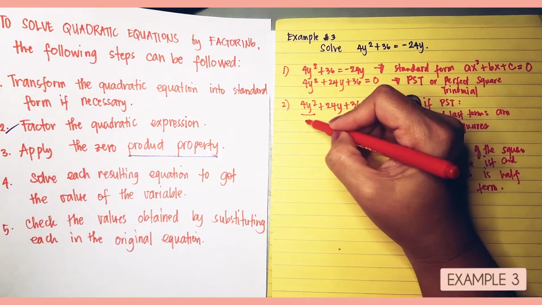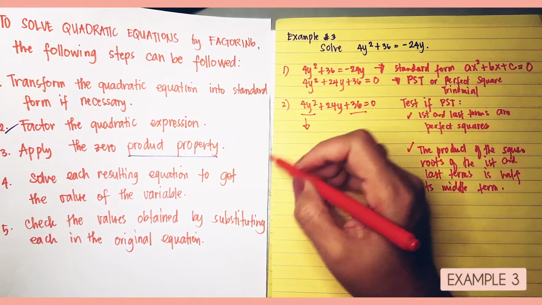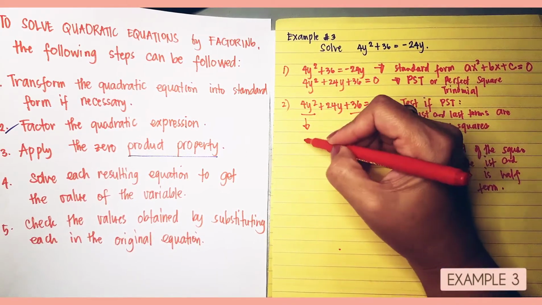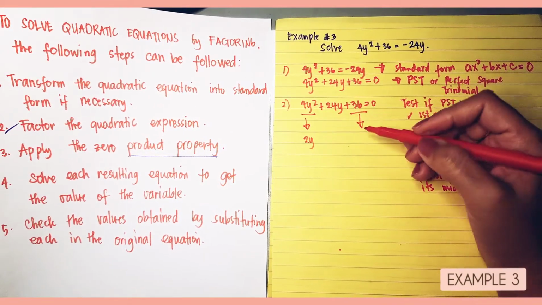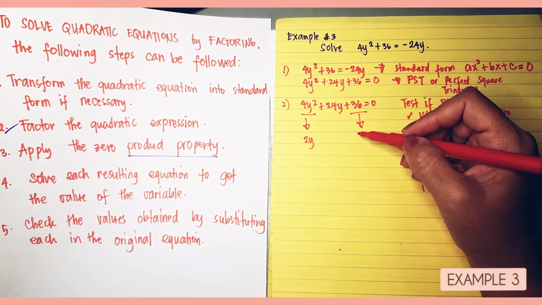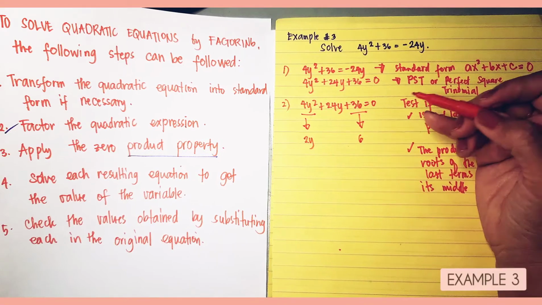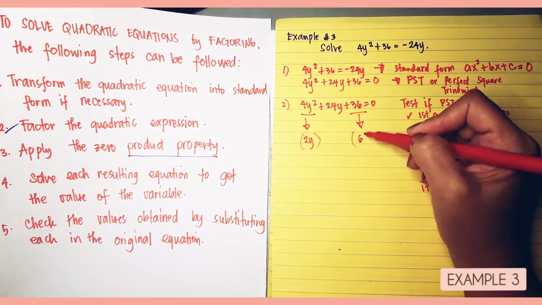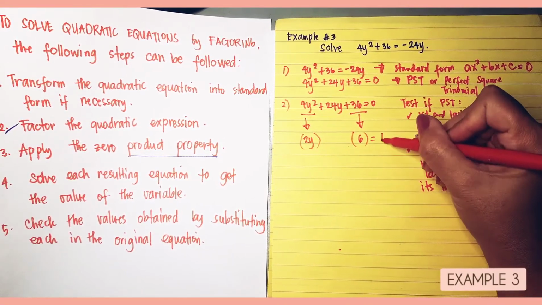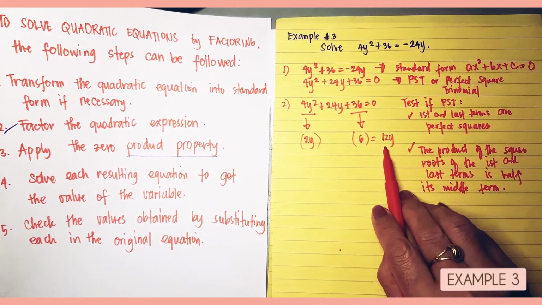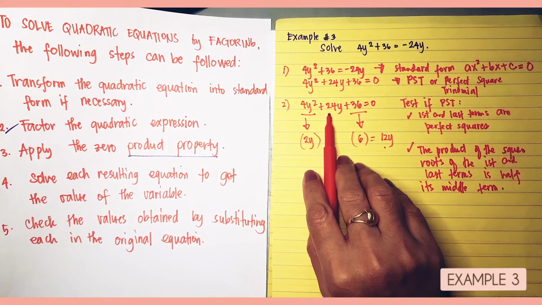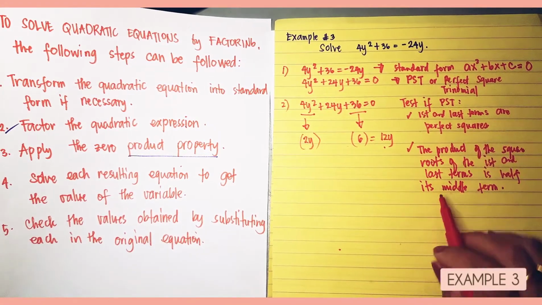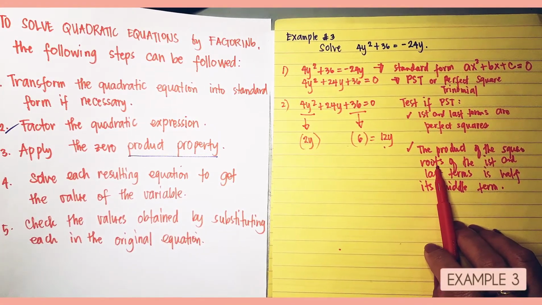So when you take the square root of 4y squared, that is 2y, and extracting the square root of 36 is equal to 6. So when you multiply the two, that is 12y. And 12y is half the middle term, 24y. So it satisfies condition number 2.